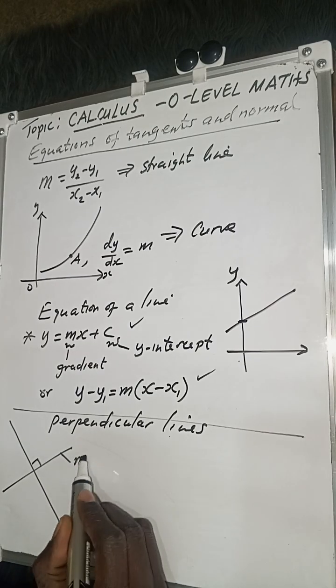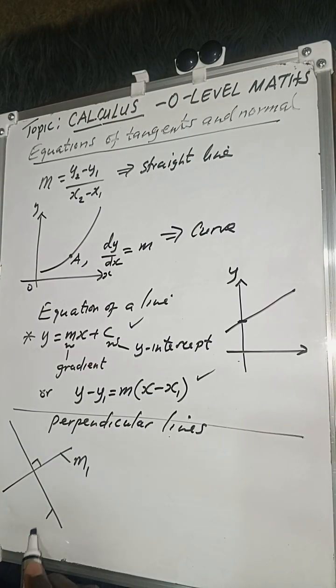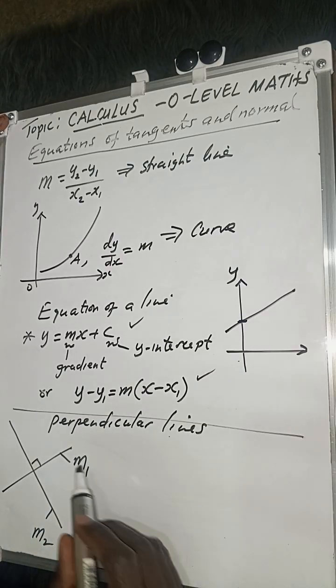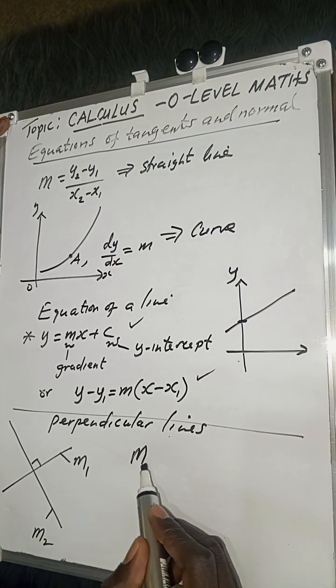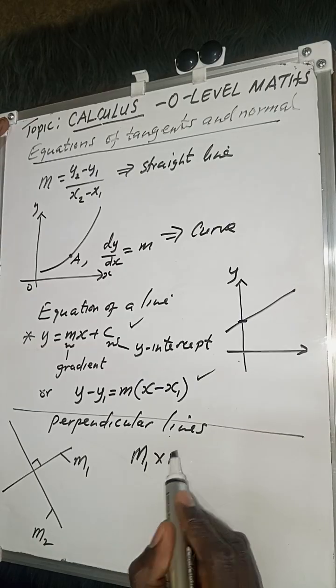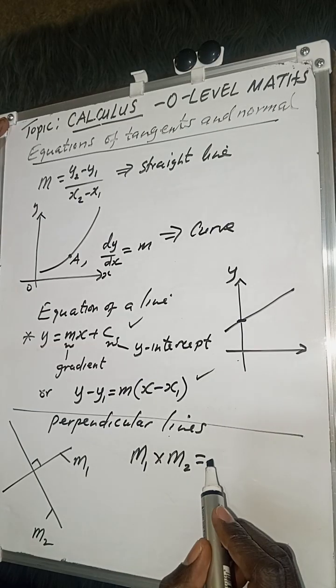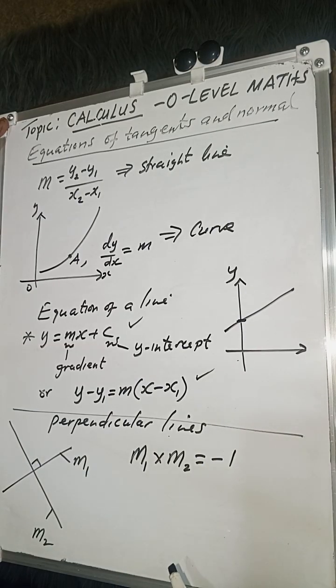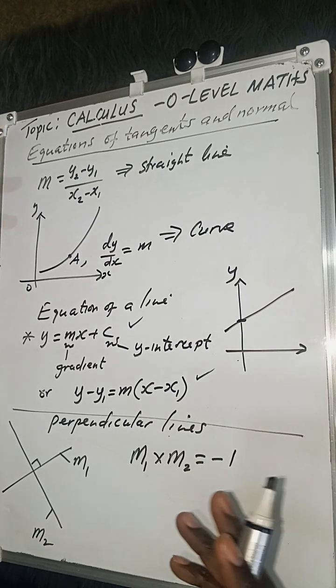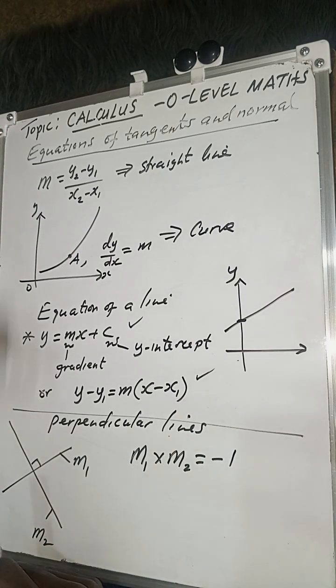Let's say the gradient of this one is m1 and the gradient of this one is m2. For lines that are perpendicular, when you multiply m1 by m2, that will give you negative 1, and that's the concept that we want to take as we deal with our calculus, because we are going to be dealing with the curve.